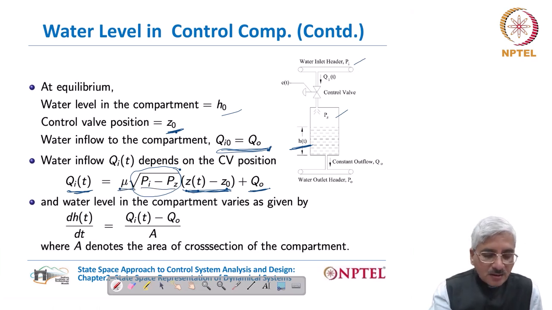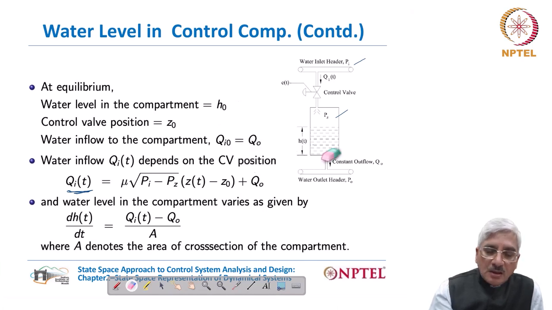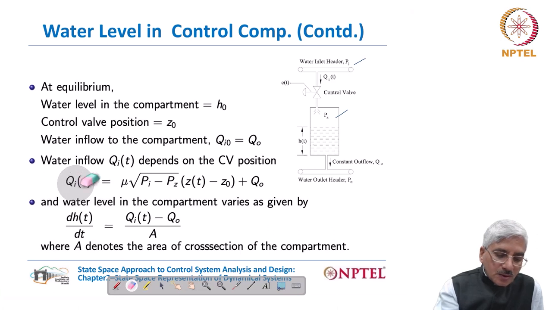So Qi involves a proportionality constant, because we are assuming even Pi and Pz to be constant, times the change in valve position relative to the equilibrium valve position. That is the inflow depending upon the valve position.